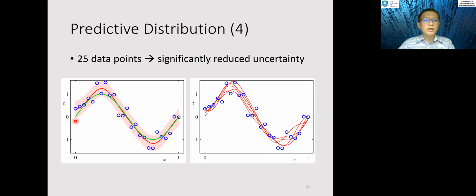And now if we sample from this output distribution, these are the models that we have sampled, so they have stayed very close to all the 25 data points and become very close to our ground truth, which generated the data, which is a sine wave, sine curve.